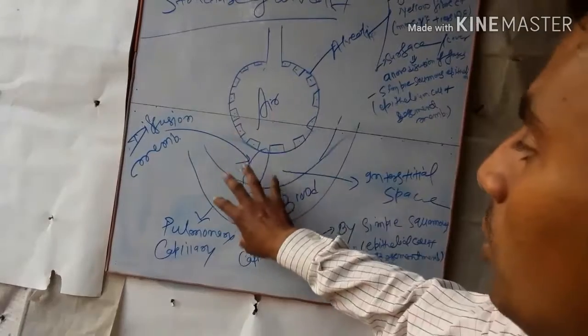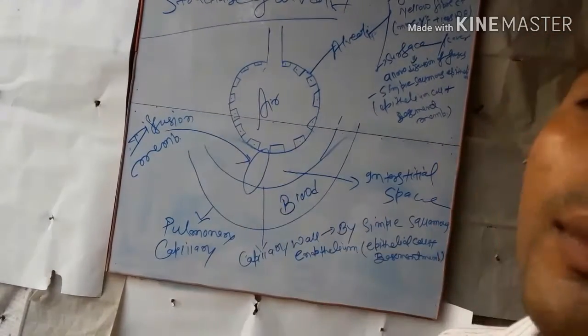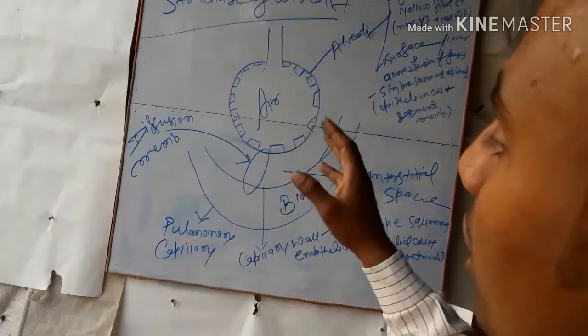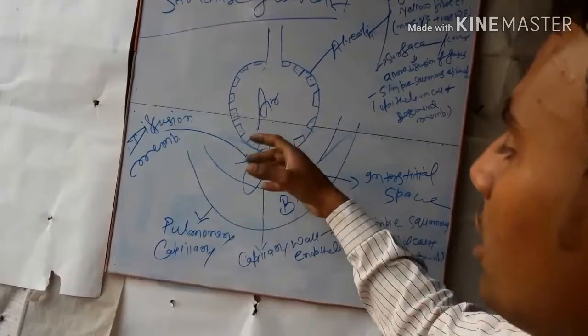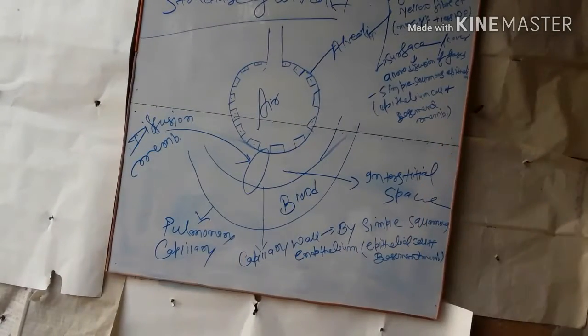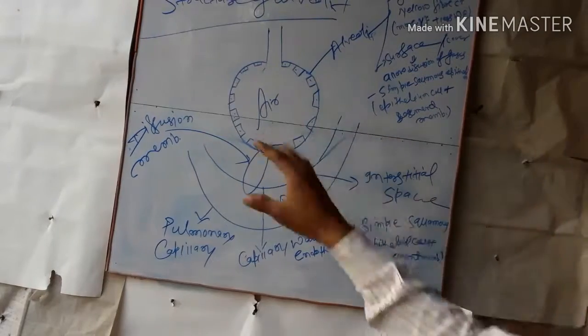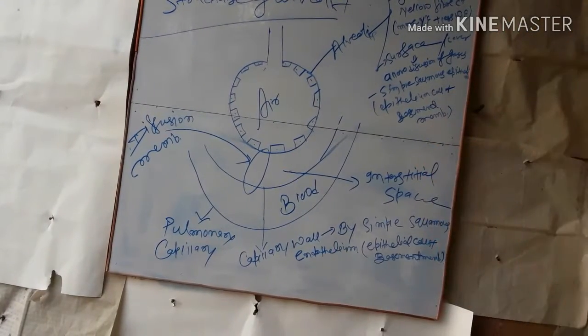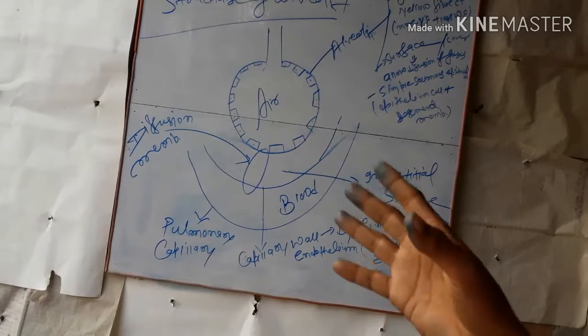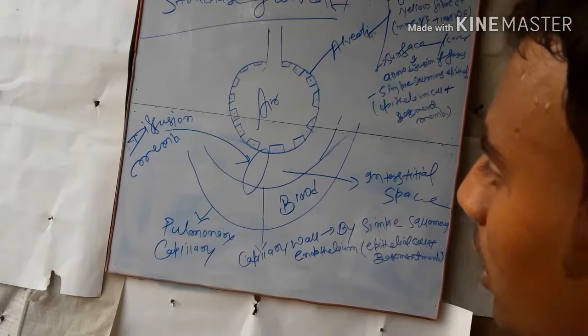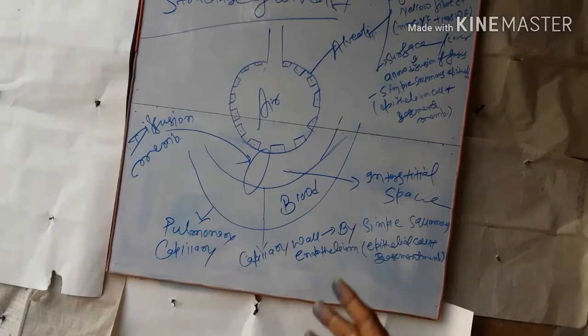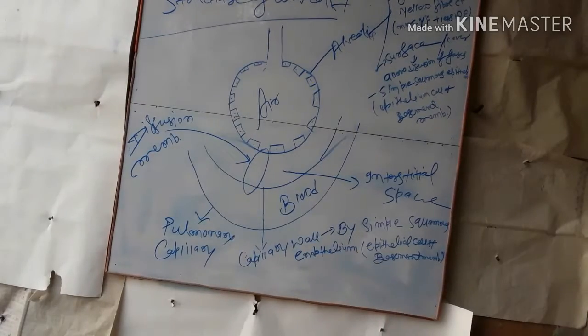And what is the diffusion membrane? By the diffusion membrane, air of the alveoli comes into the blood. The diffusion membrane is the barrier present between air and blood in the lungs.